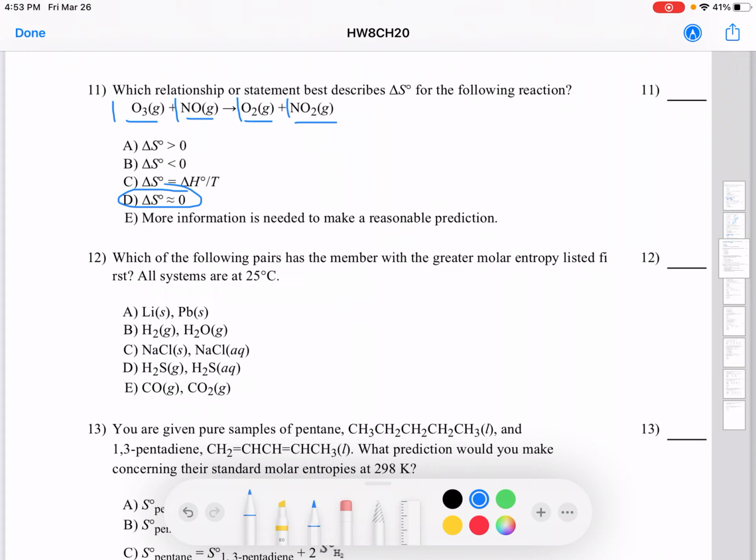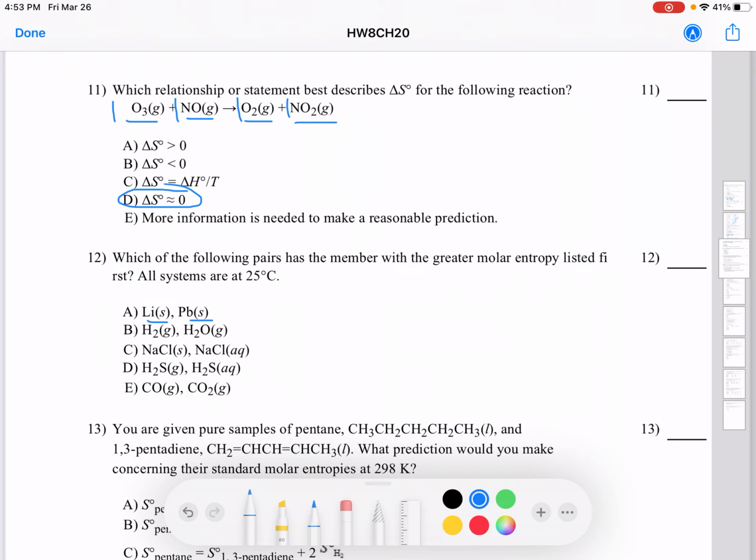Number 12, which of the following has the member with the greater molar entropy listed first? Both of these are solids. If both are solid, you can look at their molar masses. What is the molar mass of lithium? It's about 7. And lead is 300 something. So lead is a heavy metal, so it has more entropy compared to lithium.